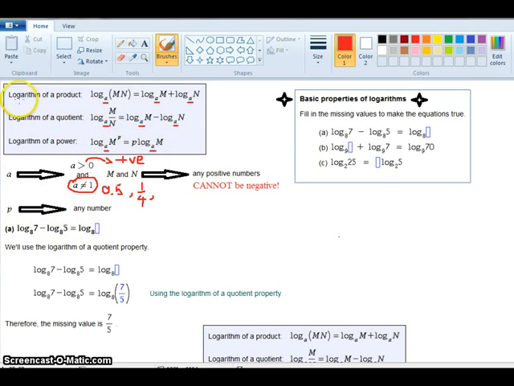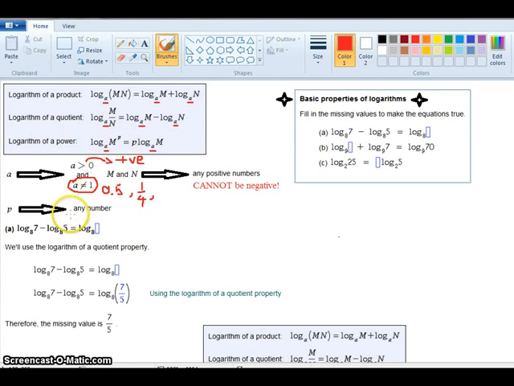So that's the logarithm of a product. Next, the logarithm of a quotient: log a, m over n, a number over another number. We can break this down into log a m minus log a n. Finally, the logarithm of a power: log a m to the power of p.